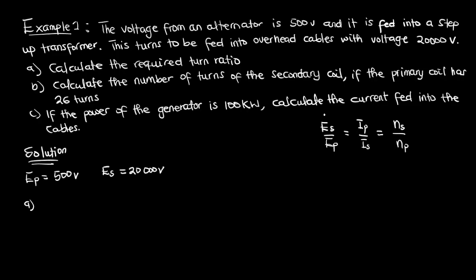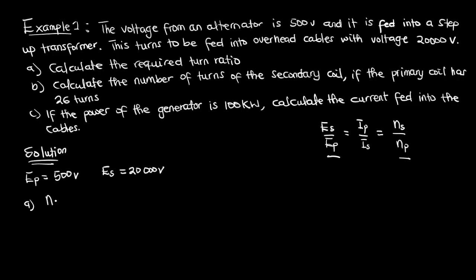So we can use any of these to calculate the required turn ratio. In this case, since we only have the voltage given to us, and the turn ratio, NS over NP, is what we are supposed to find, we can equate this and this, and then find our turn ratio.